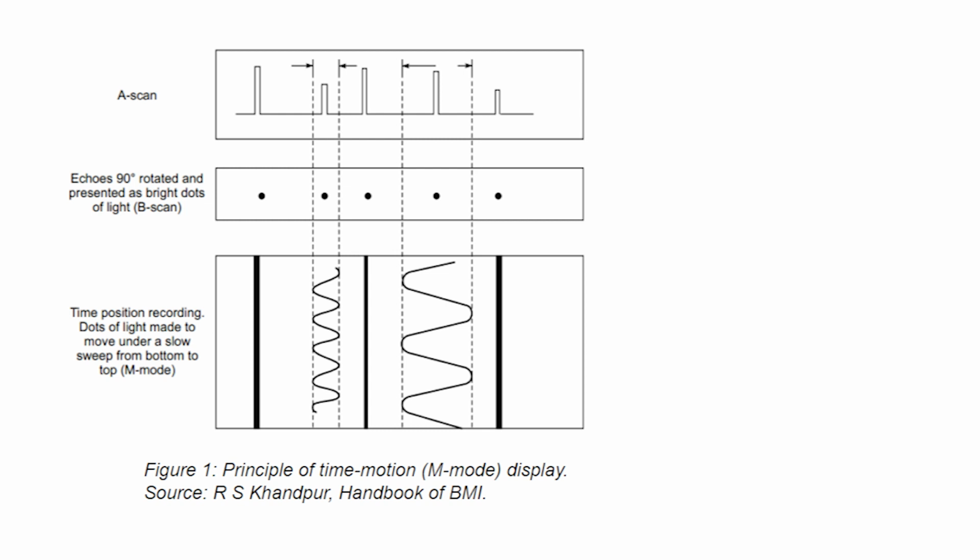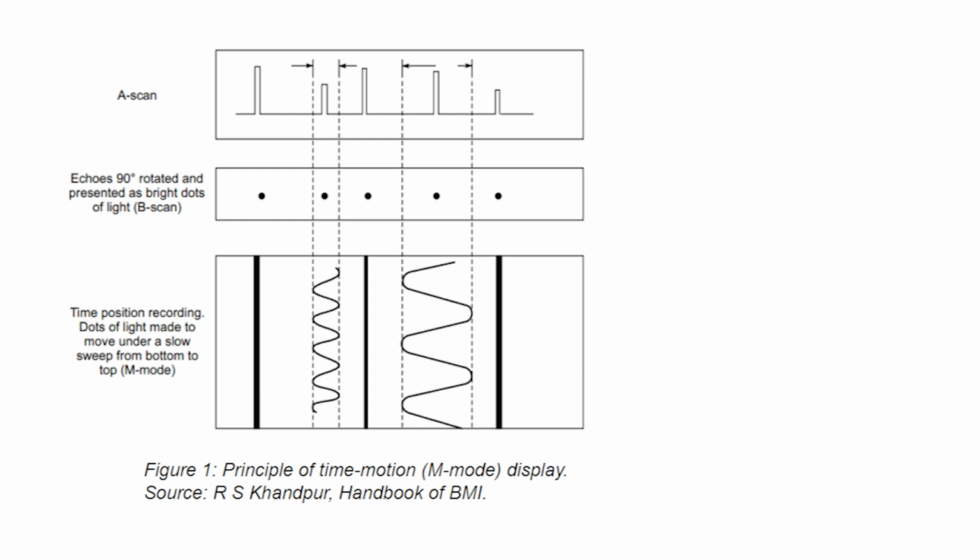Here you can see the amount of vertical displacement is proportional to the strength of the echo, and the distance along the horizontal trace represents the time of sound travel in human tissue, thereby permitting accurate measurement of tissue depth.